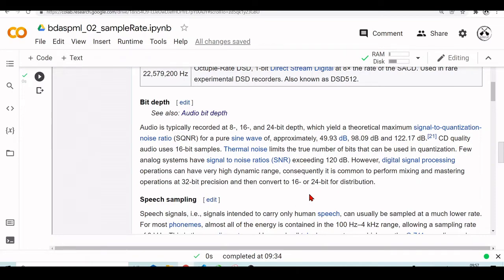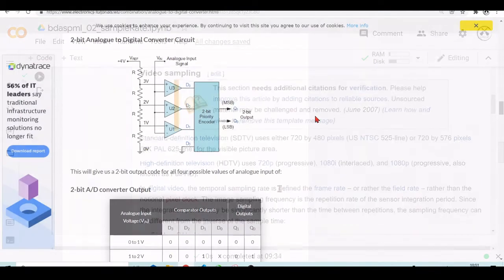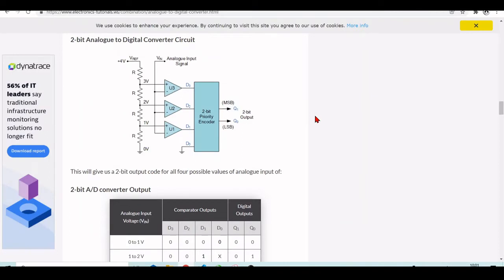Going back to our analog to digital converter, here we have, for example, a circuit. It uses the resistor ladder that we mentioned before. Then we have some comparators, and we have this 2-bit priority encoder.